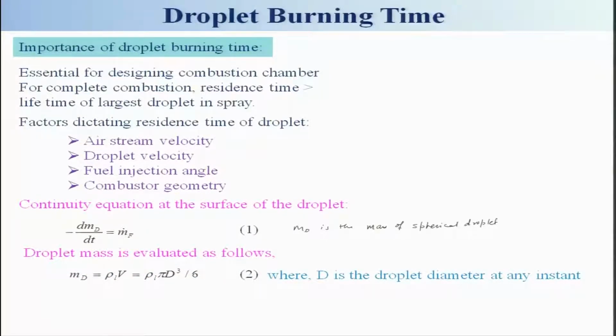And as I told, d is the droplet diameter at any instant of time, and it will be changing, isn't it? The diameter will be receding.